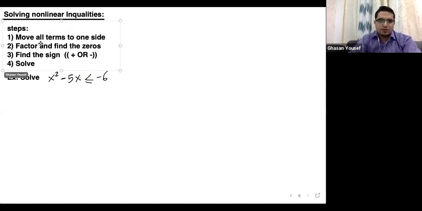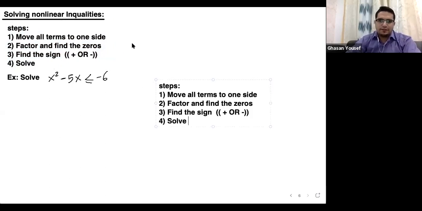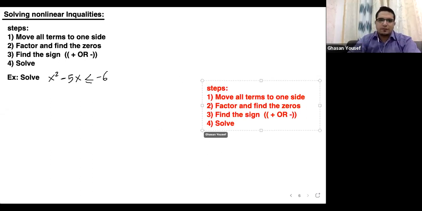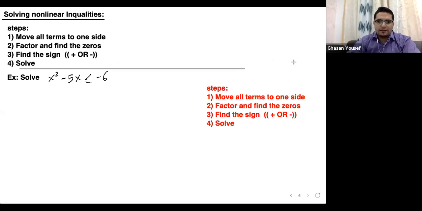To solve this inequality, I'm going to use the steps here. The first step says we have to move all terms to one side. So what should we do in this inequality? How can I apply the first step?